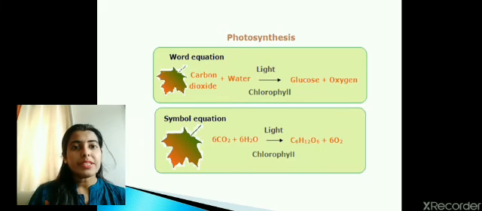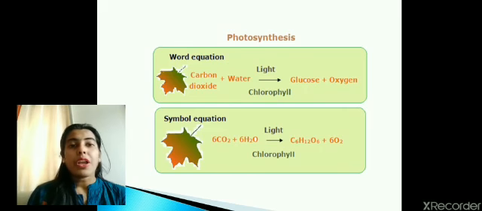C6H12O6 is the chemical formula for glucose plus 6 molecules of oxygen. So 6 molecules of carbon dioxide, they combine with 6 molecules of water in the presence of light and chlorophyll, gives us glucose plus 6 molecules of oxygen.